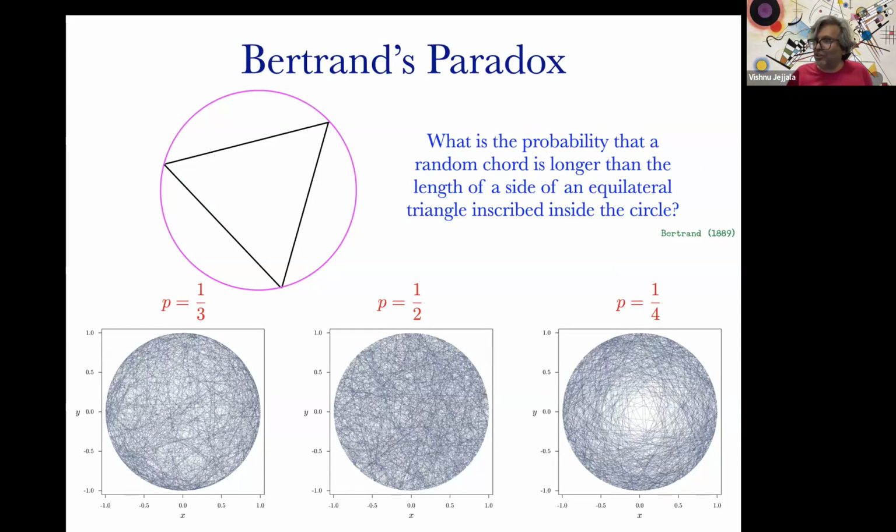And the probability of choosing a point on the opposite side is 1/3. Similarly, you can convince yourself that the probability of choosing chords by picking a point on a random radius or by choosing a point in the disk gives us probabilities 1/2 and 1/4. So based on which definition of random chord you use, you get a different answer for what seems like a well-defined question.